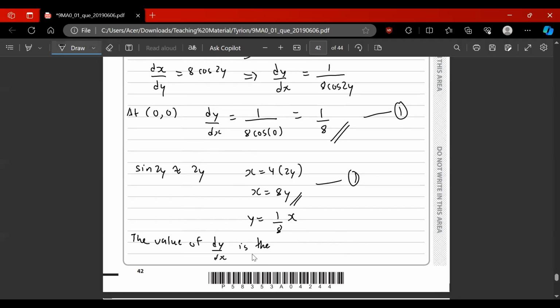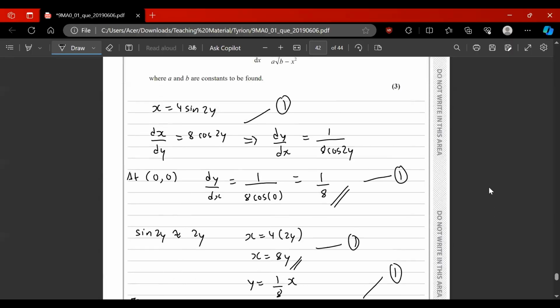The value of dy over dx is the same as the gradient of the line in part B, oh sorry, part BI. Okay, so you get 1 mark if you mention the correct comparison there.